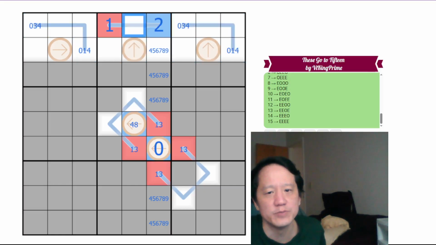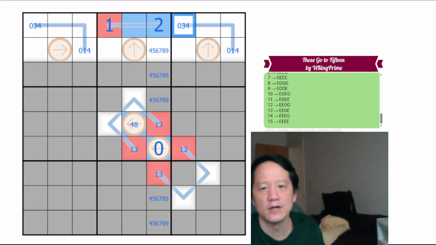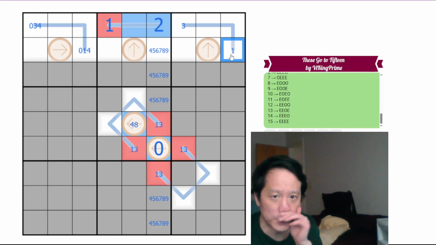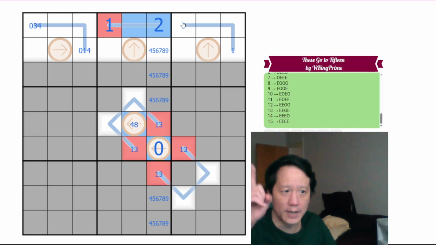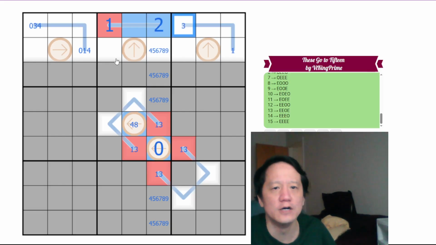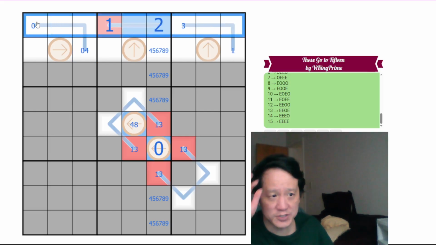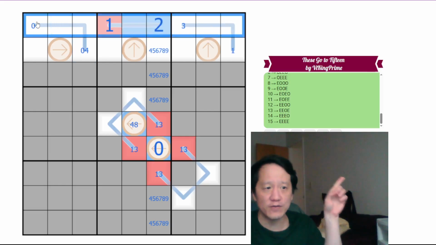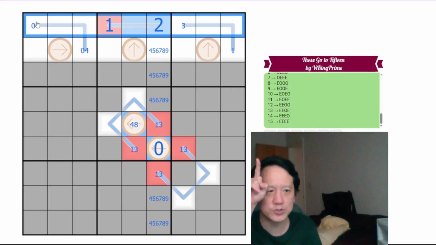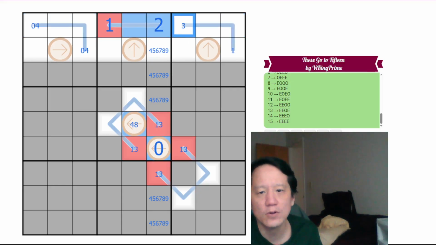This then has to be 3 and 1. So 3 cannot be Schrodinger because in row 1, again, we have 6 evens. So we have 2 odd digits adding up to an even sum. So this must be odd and this must be odd, which makes that a 3.